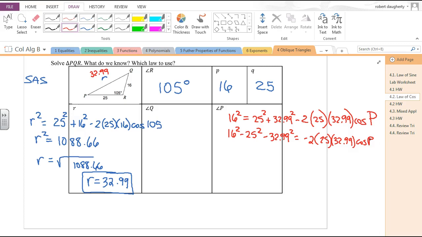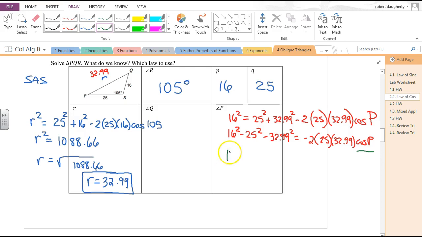That's not hard, okay? What am I going to do now to get this by itself? What can I do to get cosine of P by itself? This is not trig. This is algebra 1 at this point. What can I do to get cosine of P by itself? Divide by everything that's in front of it, that's multiplied by.